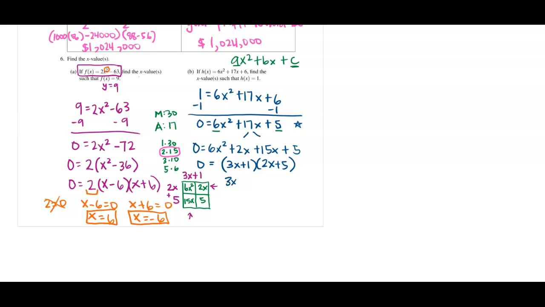So I've got 3x plus 1 equals 0, and then 2x plus 5 equals 0. Then I can subtract that 1 over and divide by 3. So x equals negative 1/3. And then I'll subtract my 5 over, and then I'll divide by 2. So x equals negative 5/2. Okay, so that's what I should come up with for my 2 answers there.